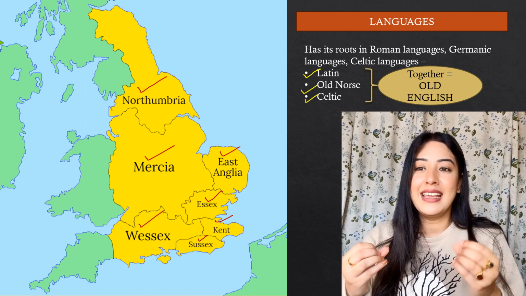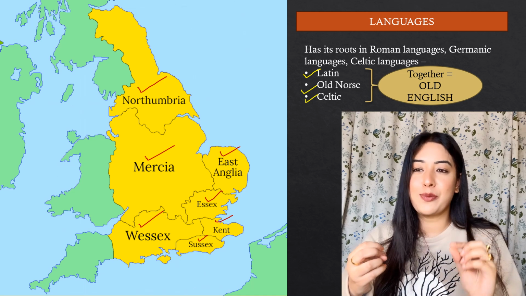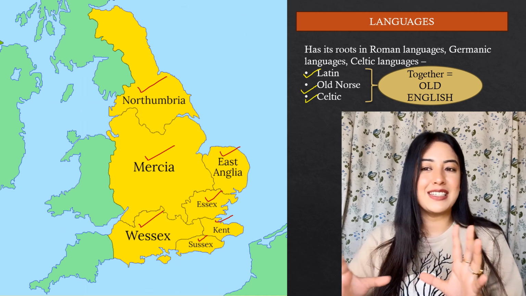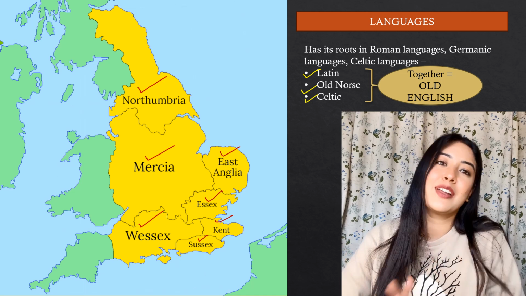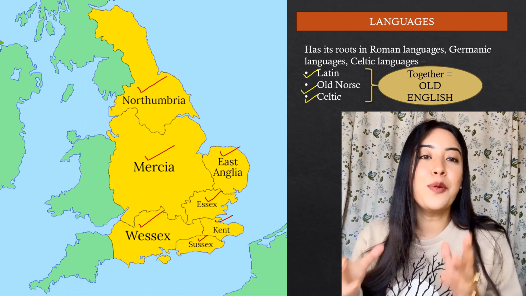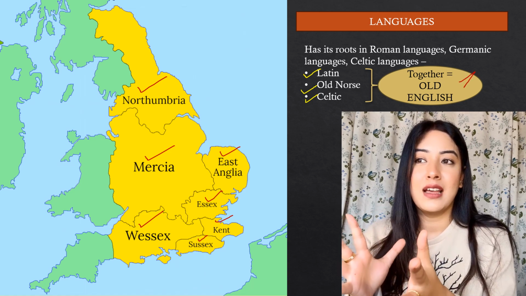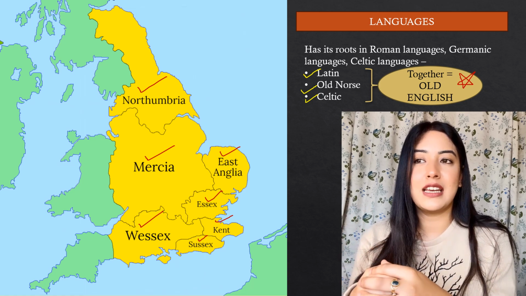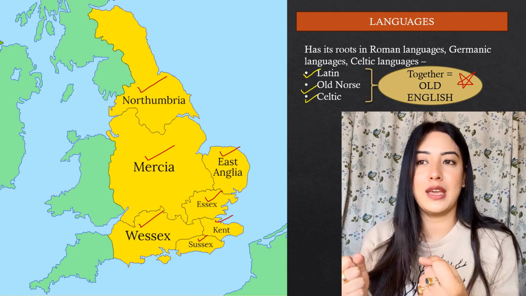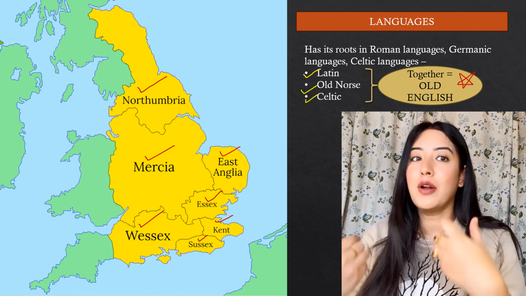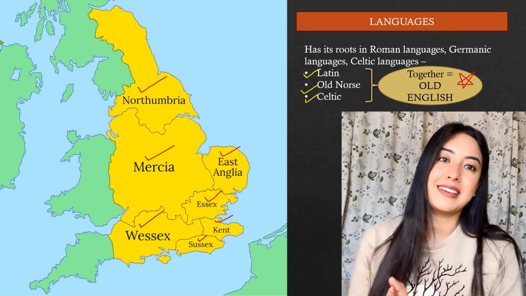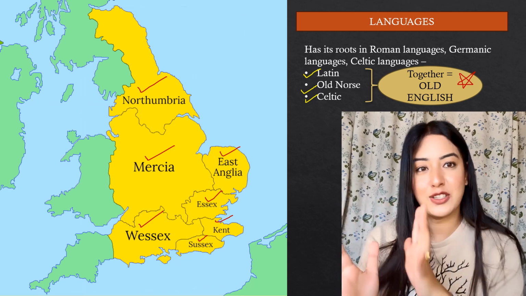So again, it has its roots in Roman, Germanic and Celtic languages, Latin, Old Norse, Celtic. Together they are known as Old English. So this is Old English literature. Whatever literary works come out of this period will be in Old English. So this is the historical background.